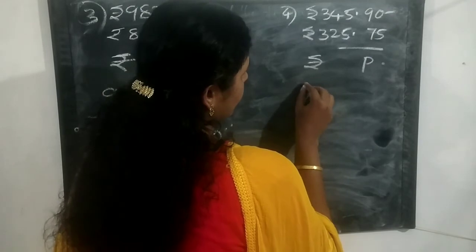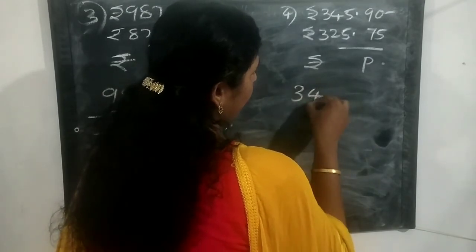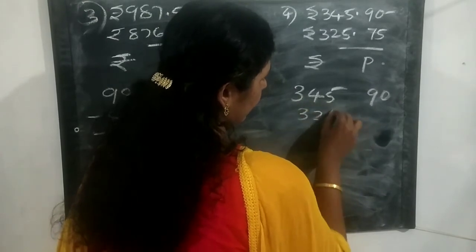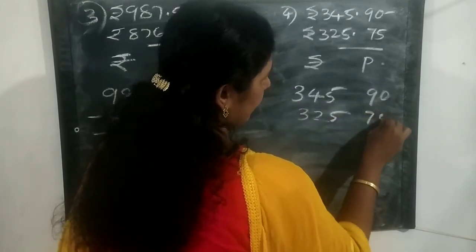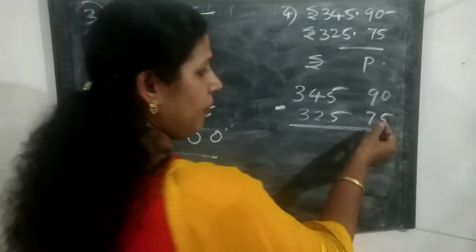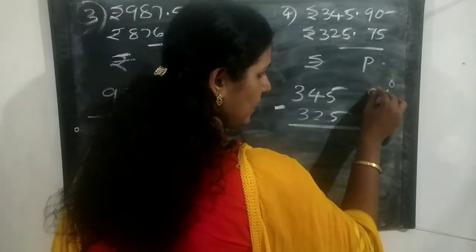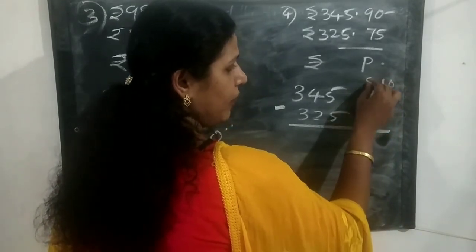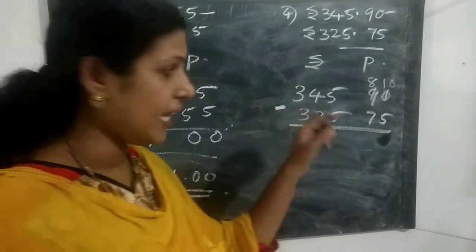Okay. Here it is rupees and paisa. First we write 345.90, then 325 and 75. Okay, put the minus sign. Then 0 minus 5 we can't, so we write 0. The top uncut we write borrowing 1 from here, and now it is 7 and now it is 8.